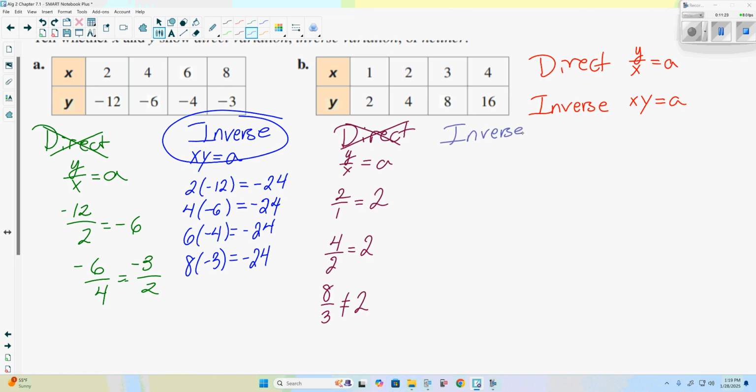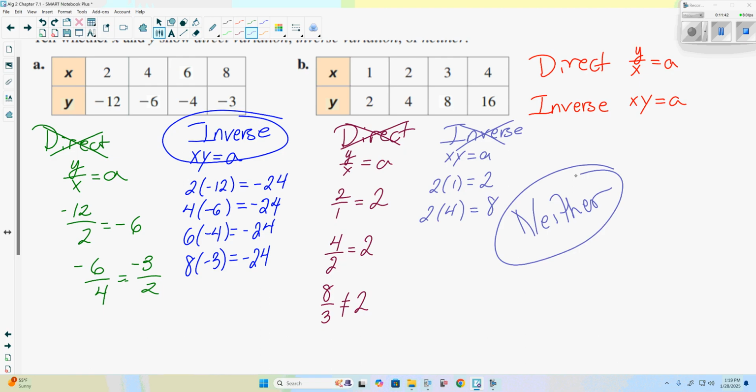Inverse. X times y equals a. So our first one's 2 times 1, which is 2. Our next one would be 2 times? Not that one. Neither. This is actually a quadratic.